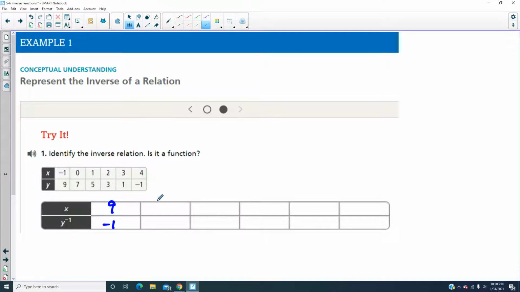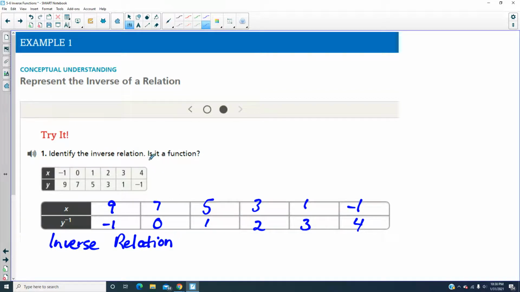So then the 0, 7 is now 7, 0. 1, 5 is now 5, 1. 2, 3 is now 3, 2. 3, 1 is now 1, 3. And 4, -1 is now -1, 4. So this is the inverse relation.